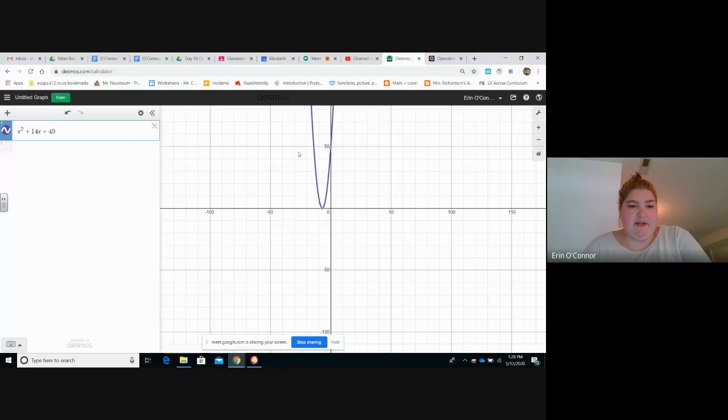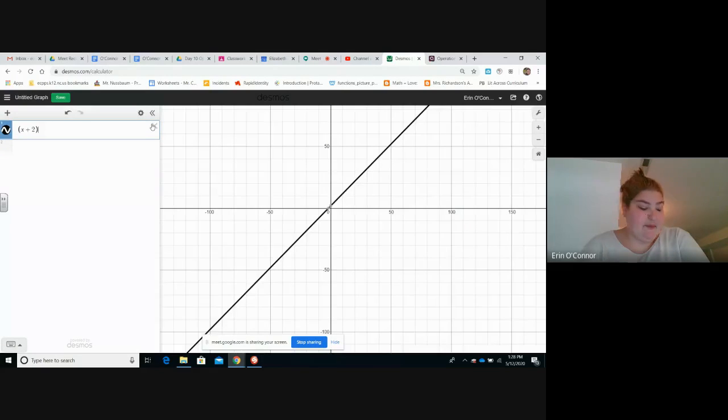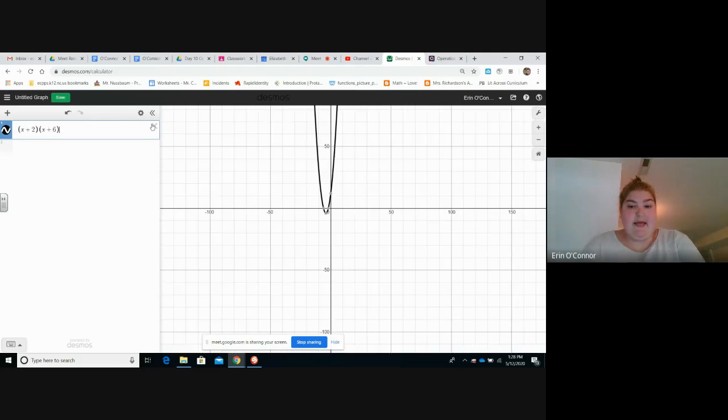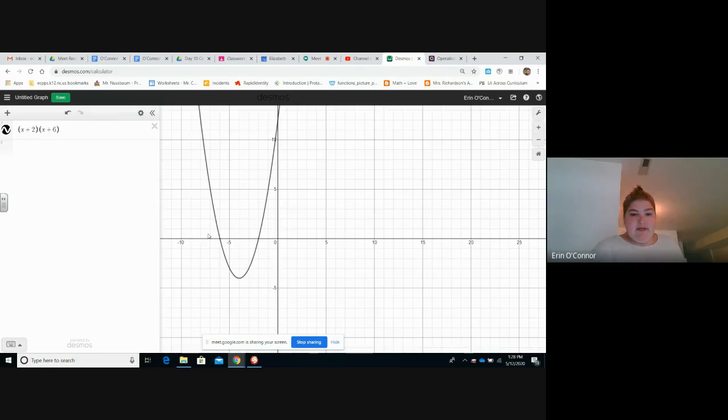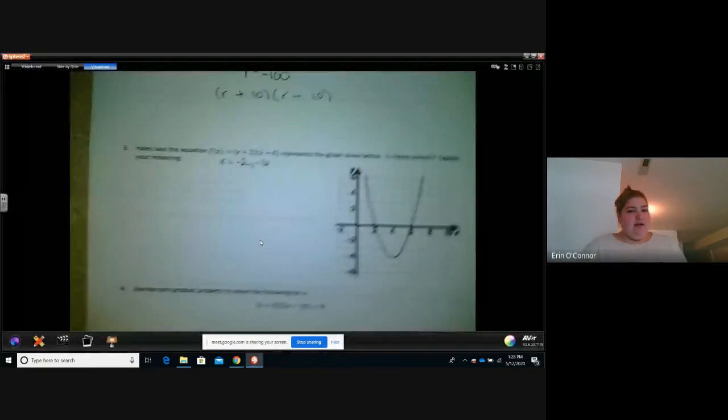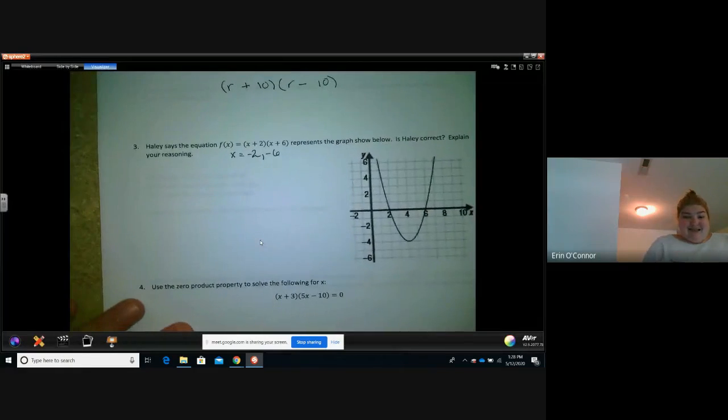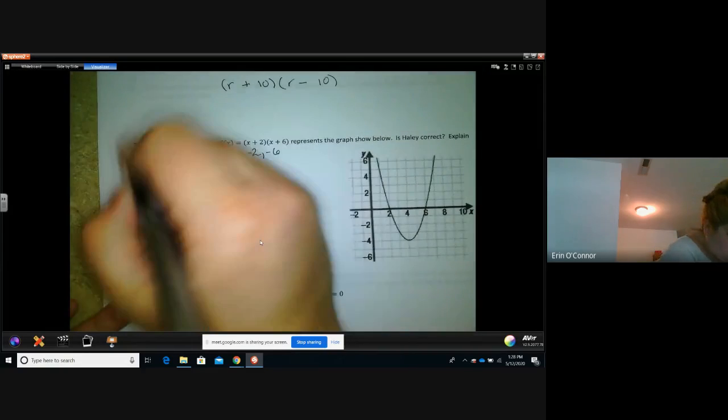Let's double check by putting this into Desmos. So we have x plus 2 and x plus 6. And as we can see, those zeros or x-intercepts should be at -6 and -2. So we were right with what we had. So does this graph show that equation?